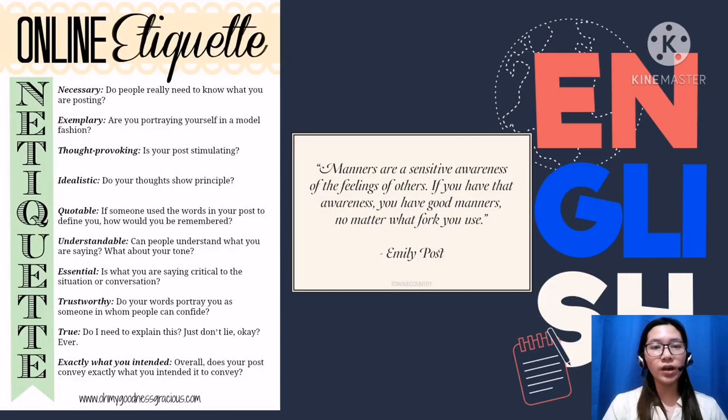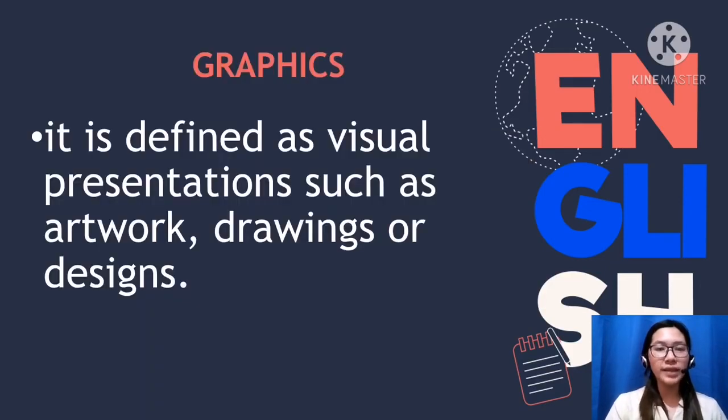So here are examples of text. Netiquette or online etiquette. These are the basic rules that are acceptable online. As the saying goes, you have to think before you click, isn't it? Okay, very good. Next one is graphics.